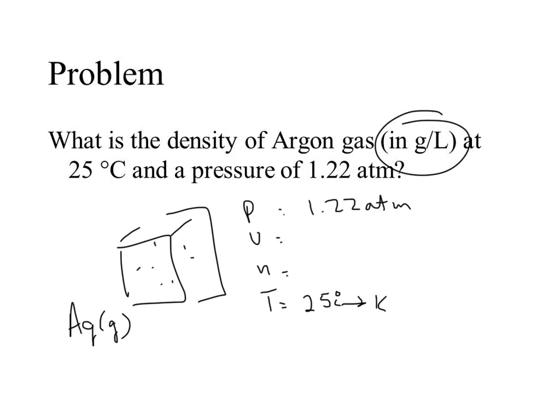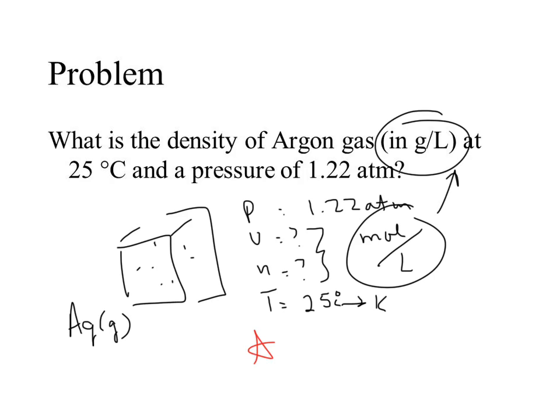Oh, I know. Now I remember. Do you see where we aren't given the volume and we aren't given the number of moles? But if you go ahead and calculate moles per liter, which is the molar density, we are one step away from grams per liter.